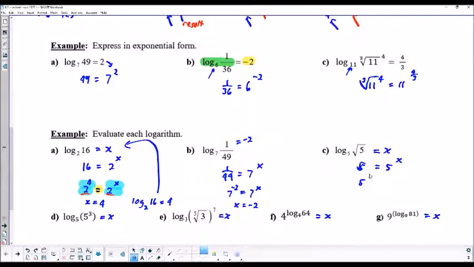Well, that would be 5 to the power 1/2. They're equal to each other. Both bases are the same. Therefore, the only option we have is that the exponents have to be equal. Therefore, x equals 1/2. Therefore, the logarithm of root 5 to the base 5 is 1/2.